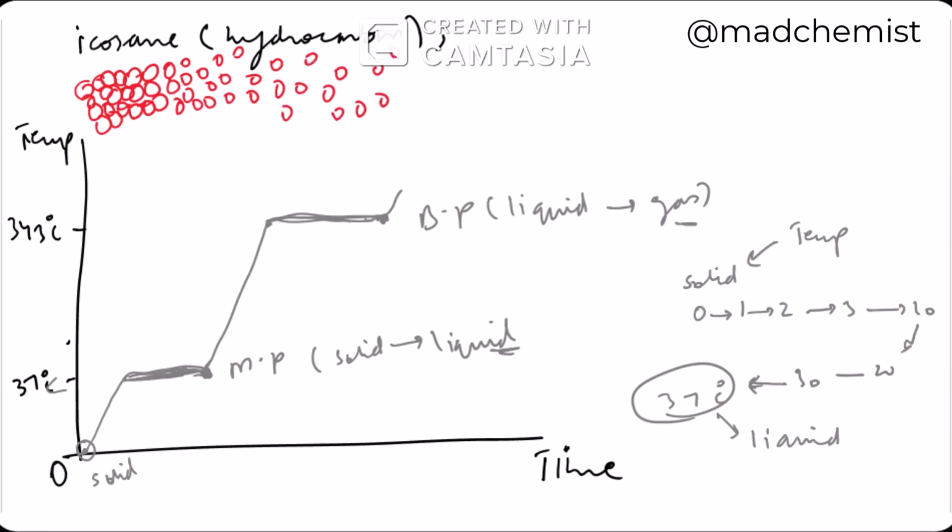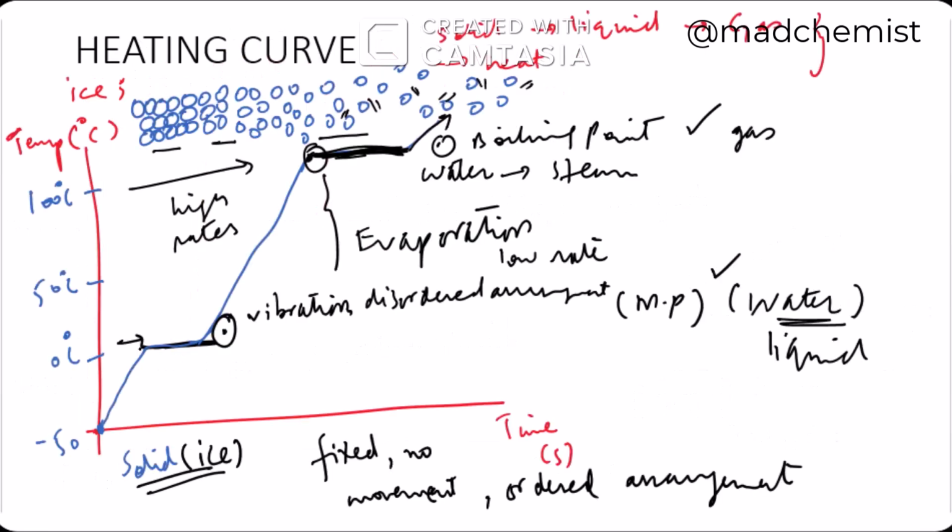So this is the form when they are at solid, and this is the form when they are at liquid, and this is the arrangement of particles when they are in gaseous form. So this is the same thing here. This is the particle arrangement when it is present in solid form. This is the particle arrangement when they are present in liquid form, and this is the particle arrangement when they are present in gaseous form.